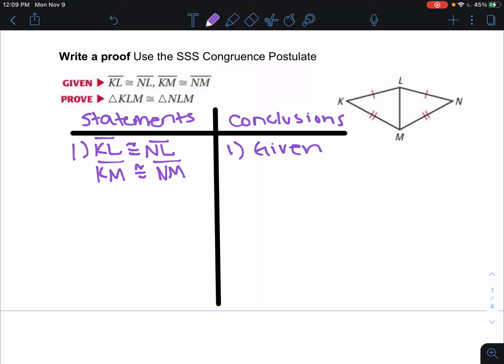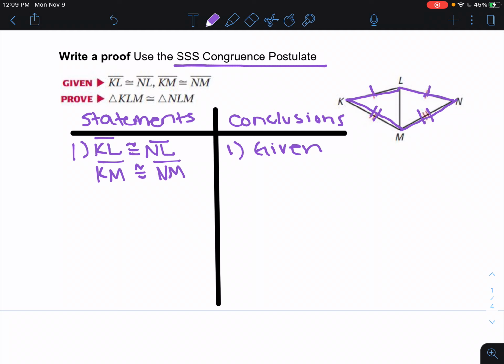All right, so we have 2 side lengths that are the same. We have that KL and NL are congruent because they both have 1 tick mark. You can see that from the picture. And then you have KM is congruent to NM, 2 tick marks in the picture. So using our side, side, side congruence postulate, we need 3 sides to prove that these triangles are congruent.